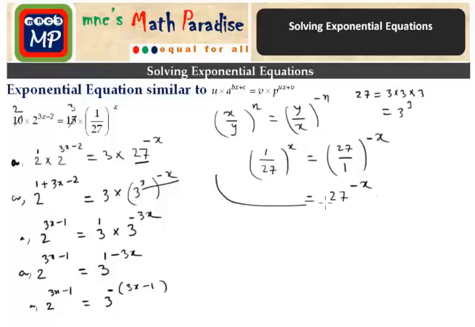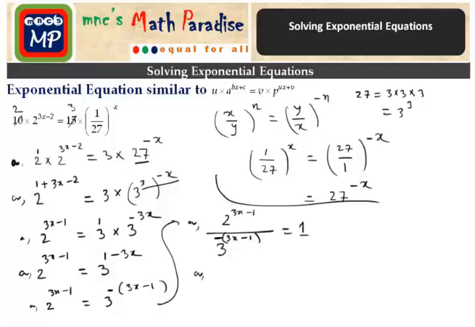So now we will do some more calculation here. If we keep this 2^(3x-1) on the left side and bring this whole exponential to the right-hand side, we will get 3 to the power (3x-1), with a minus in front, equals 1, because there is nothing on the right-hand side.